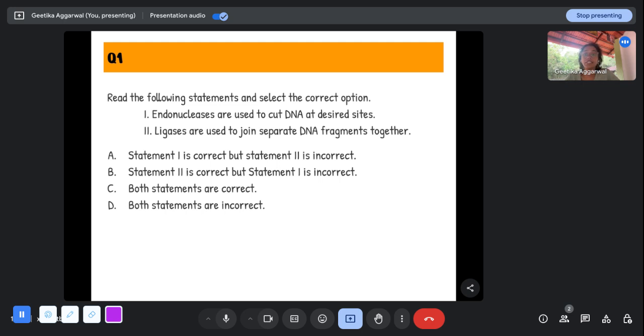And the second statement says ligases are used to join separate DNA fragments together. So we have four options here: either statement one is correct but statement two is incorrect, or statement two is correct and one is incorrect, or both the statements are correct, or both the statements are incorrect. So let's think about it for some time and then see what the answer to this question will be.